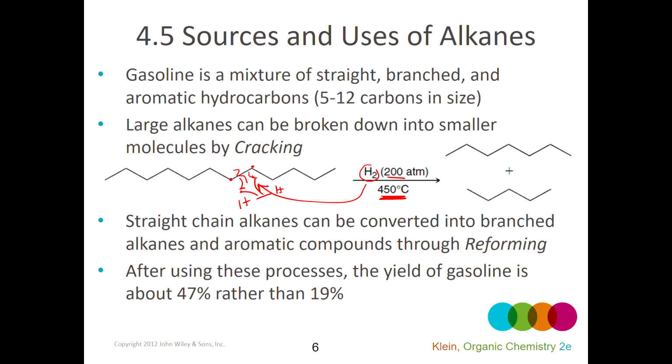So I can form two new C-H bonds on the ends of these to replace where there used to be a carbon-carbon bond. And that's done a lot to the slightly longer chains to make them short enough to be used in gasoline. And that means that almost 50% of the crude petroleum that's taken out of the Earth can actually be used for gasoline and gasoline products.